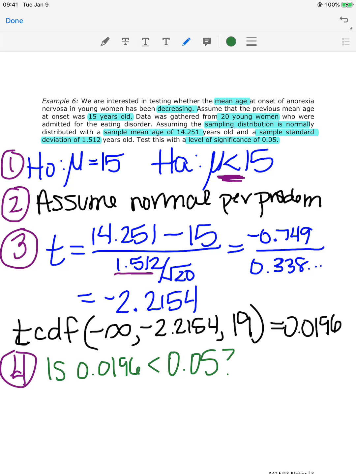So is this true? Yes, it is. So if P is low, you reject H0.